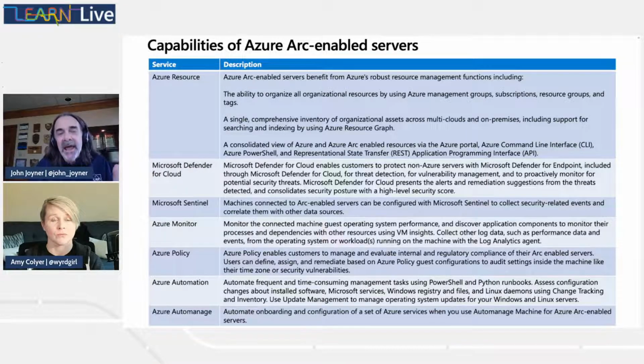I can tag my servers, regardless of OS or location. I can control security access. I can assess costs, right? All of these things come free with snapping into the Azure Resource Manager model.